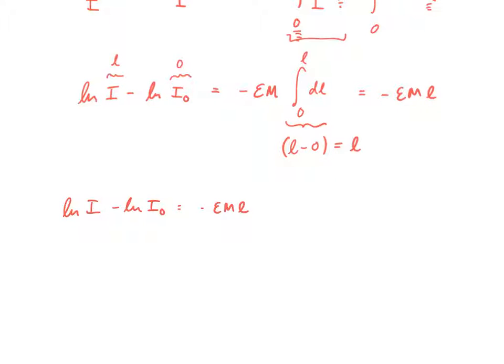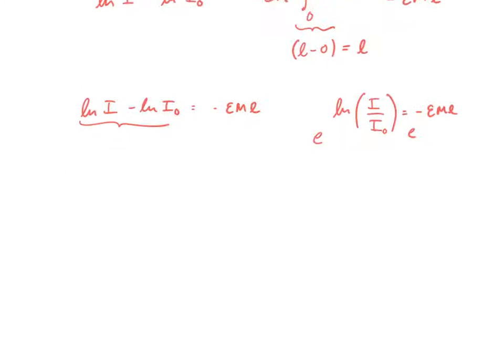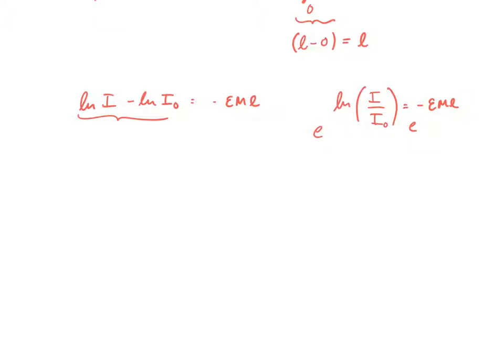Now I need to use the rules of logs to convert this subtraction into a division. So I get log of intensity divided by incident intensity equals negative epsilon m L. Now I raise e to both sides of the equation, and I get I over I naught equals e to the negative epsilon m L. And that's Beer's law right there.